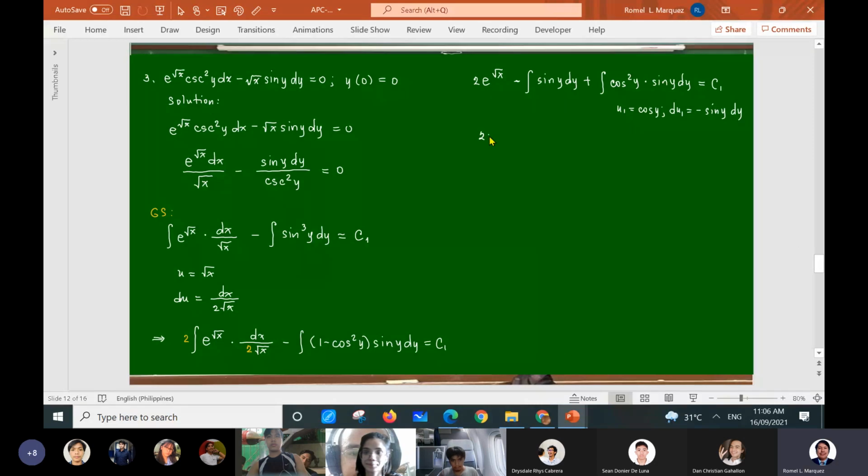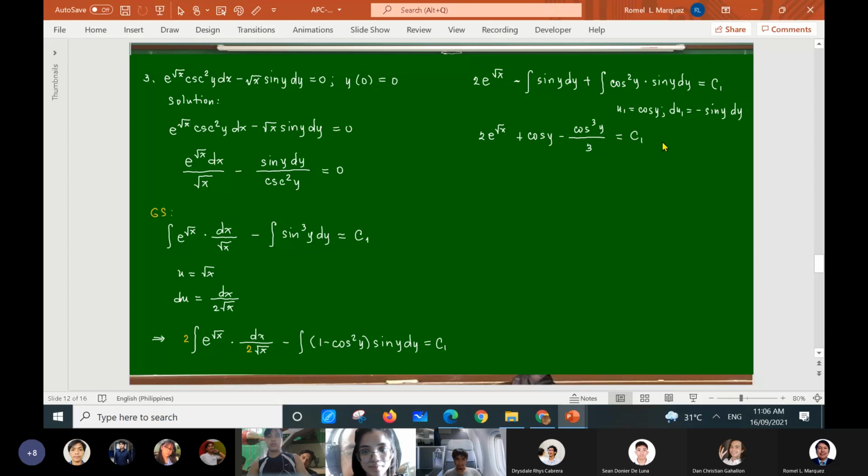So we got 2 e to the square root of x minus integral of sine, which is negative cosine. So positive now. I will put negative balanced by negative. Again, guys, I need negative. Then u to the n plus 1 over n plus 1, u to the n du after putting negative, balanced by negative. So, over 3 is equal to C.